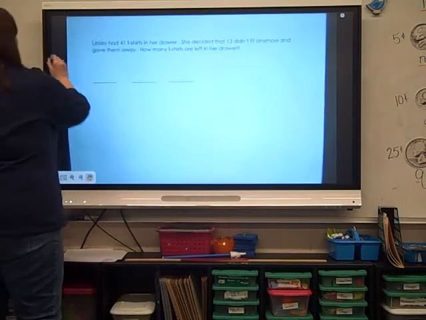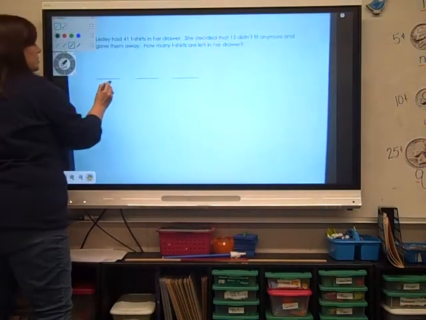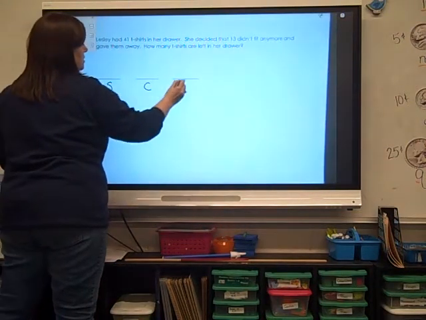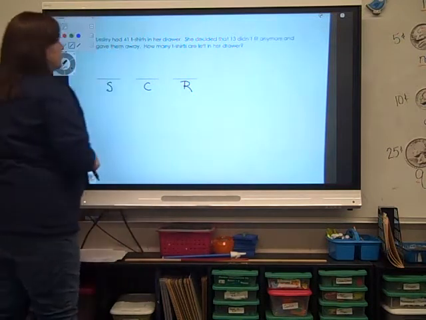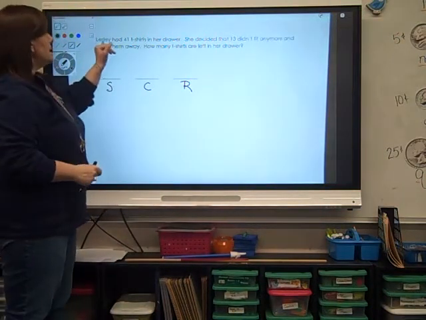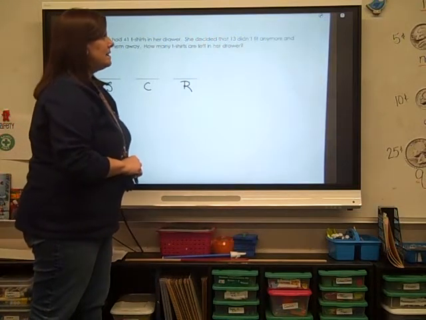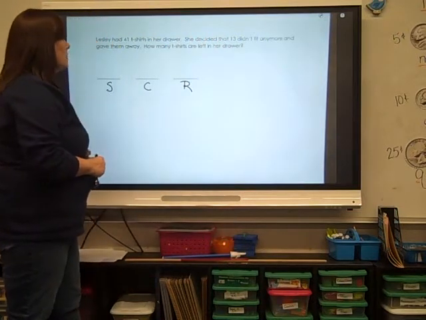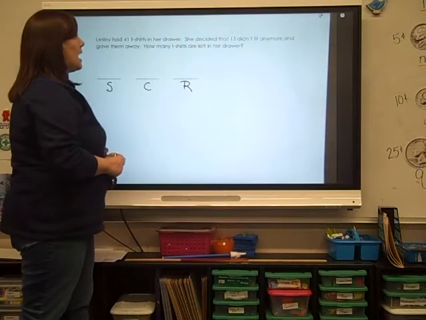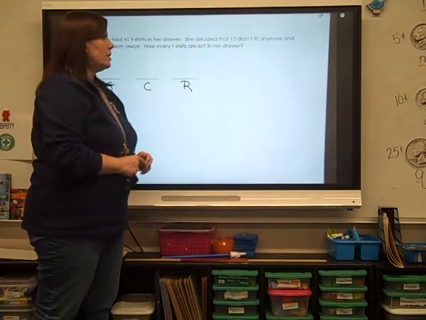All right, go ahead, put your start, your change, result. Ready? Leslie had 41 t-shirts in her drawer. She decided that 13 didn't fit anymore and gave them away. How many t-shirts are left in her drawer?